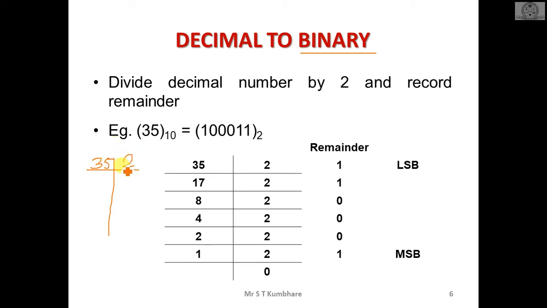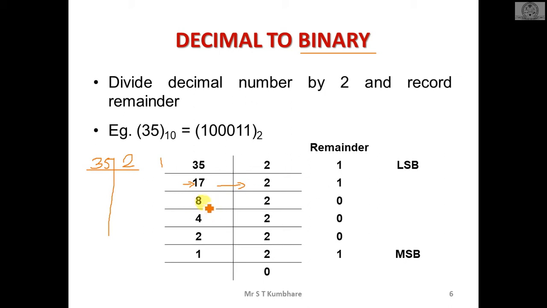So 35 divided by 2, you will get quotient 17, and the remainder you have to mention beside it: 1, because 2 into 17 is 34, the remainder is 1. Again, this 17 needs to be divided by 2. After division, we get quotient 8 and remainder 1.